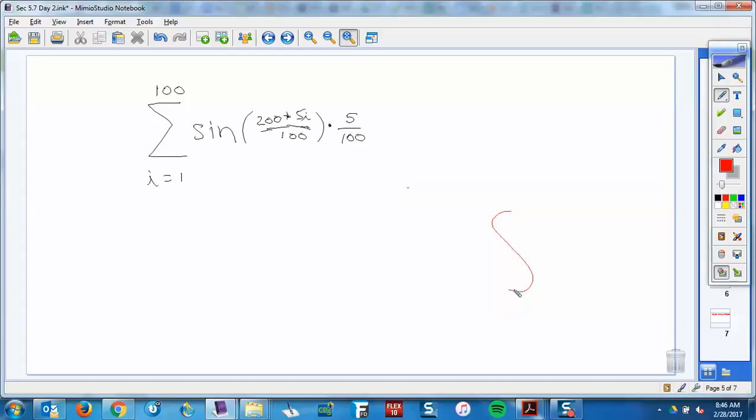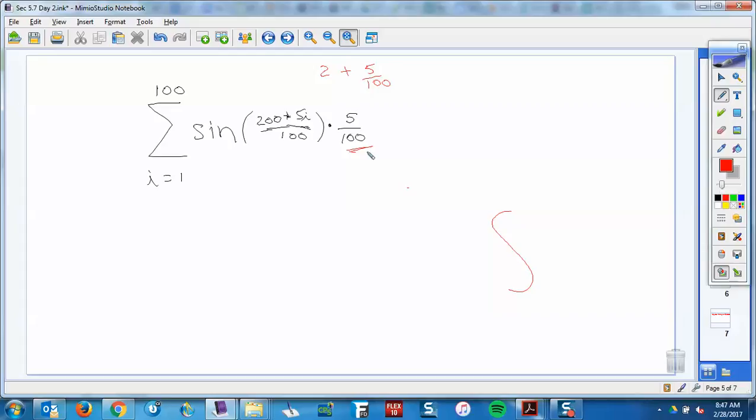Why are you starting at 2? Otherwise, you get 2 plus 5 hundredths, so you've split that apart already. So 200 over 100 is 2, plus, and then when you put a 1 in for i, you would get that. And the width is 5 hundredths, so that's just not good, right?